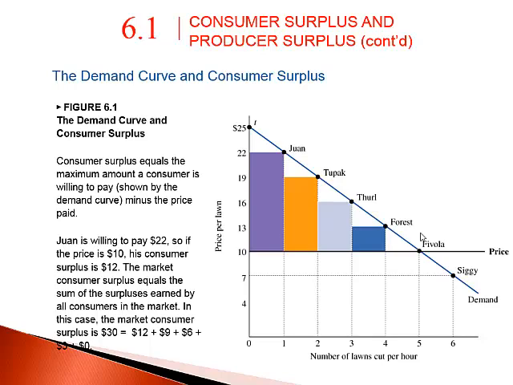He's willing to pay $7, but this place is not willing to cut 6 lawns at $7. Their max is 5 for $10 per hour. So Siggy just doesn't get the good. He's, you might say, very price sensitive.